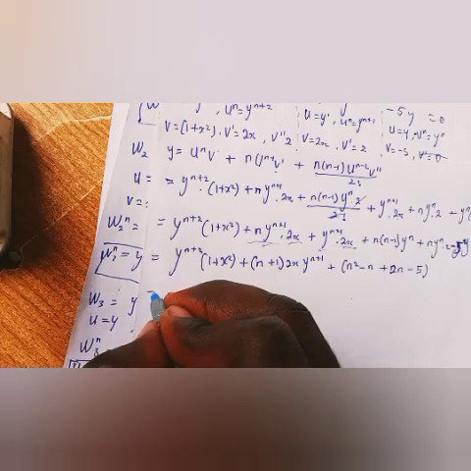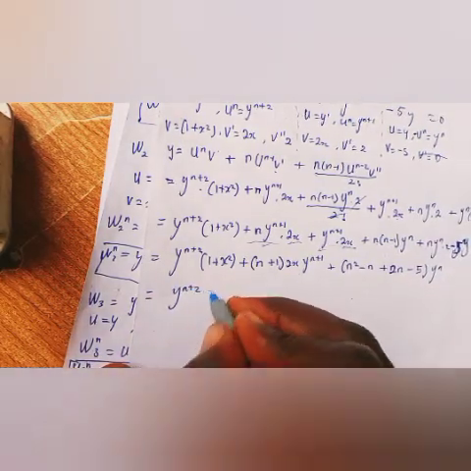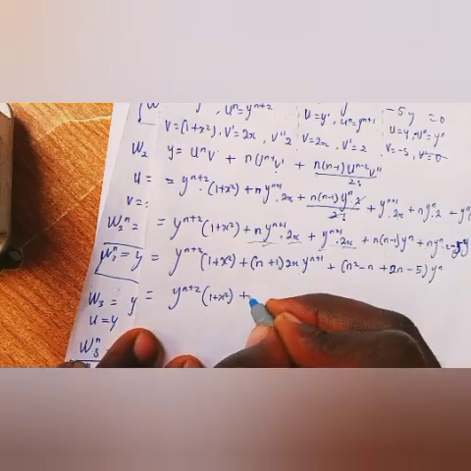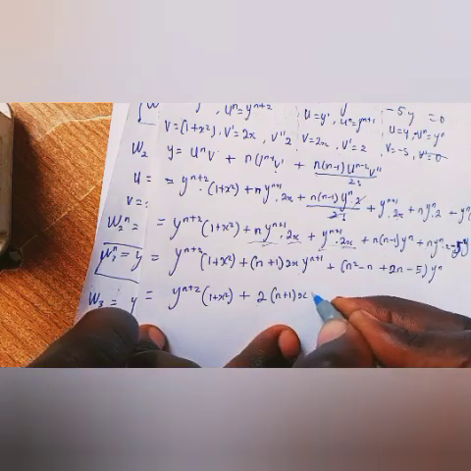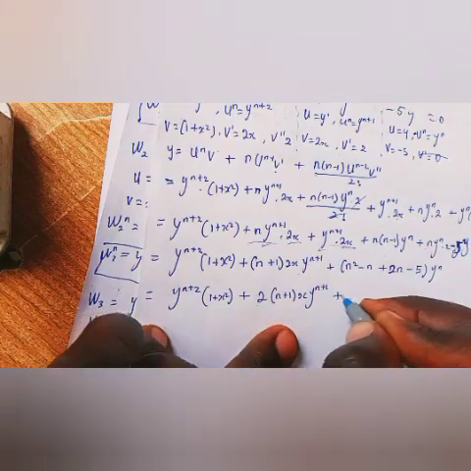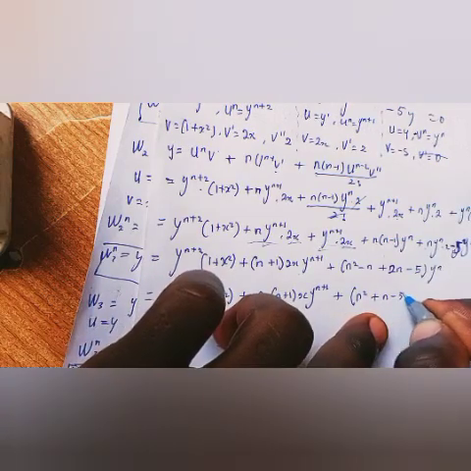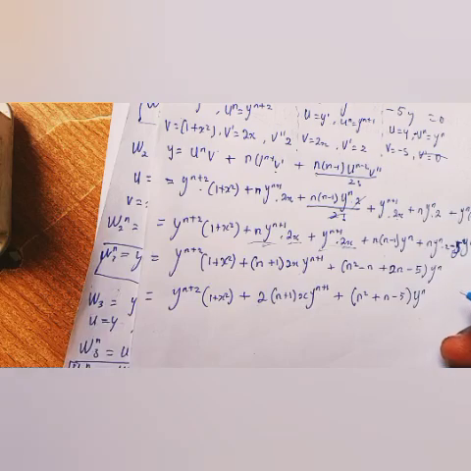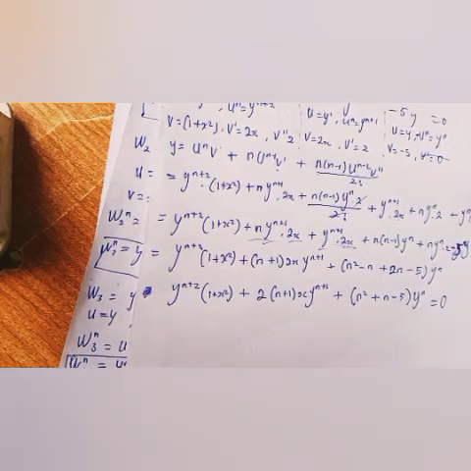So we can rewrite it as yn plus 2 (1 plus x squared) plus 2(n plus 1) x yn plus 1 plus (n squared plus n minus 5) yn. So this is our answer. Everything is equal to 0.